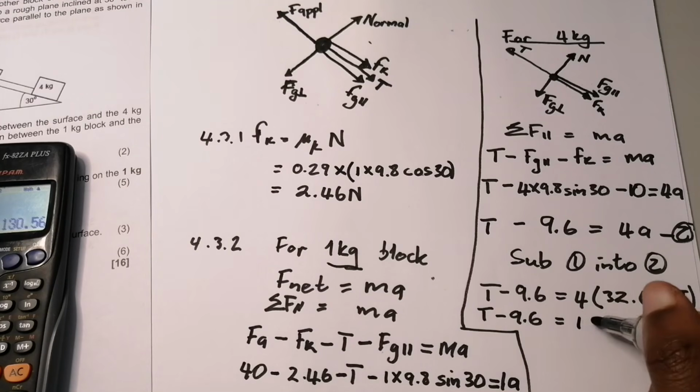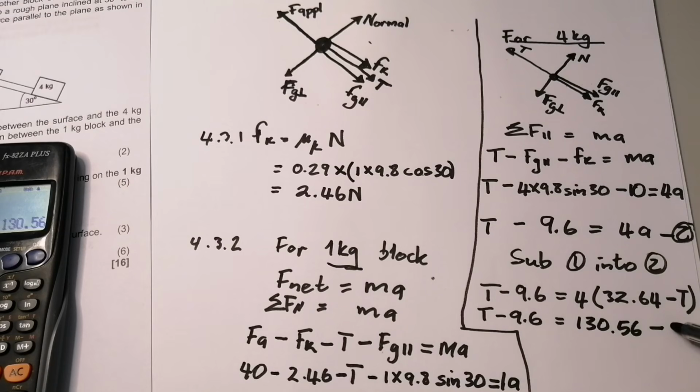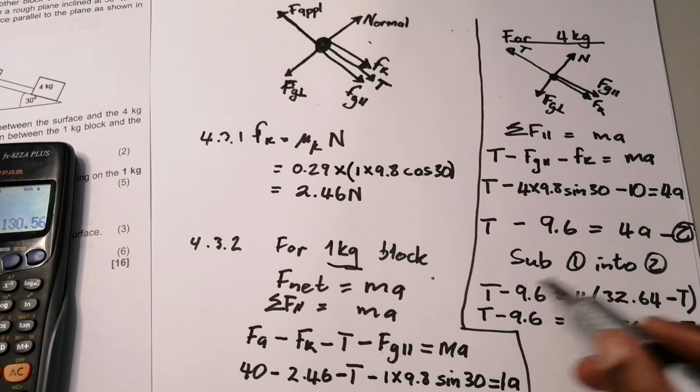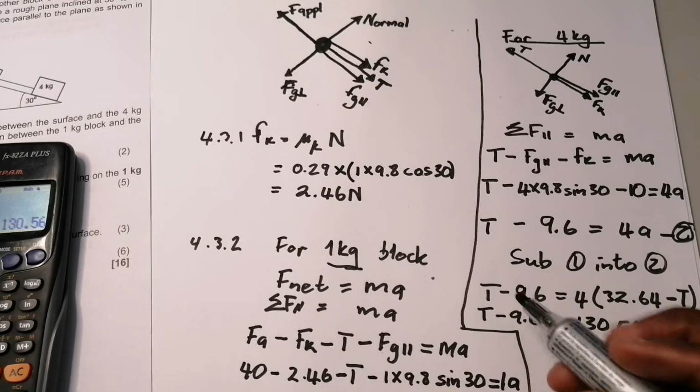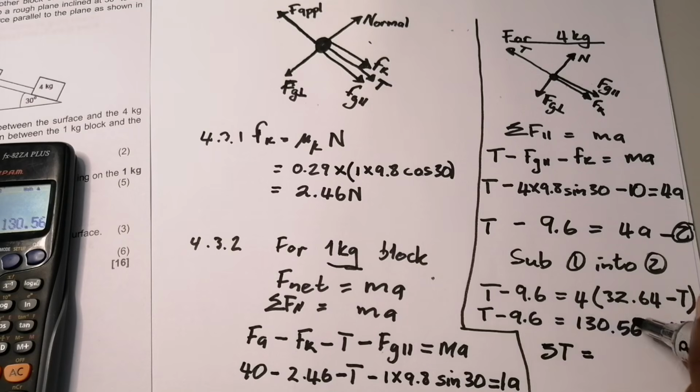I get 130.56 minus, remember it's 4 into this and 4 into T, so minus 4T. Okay, right. So let's group all our like terms. So we've got 4T this side, we take it to the other side, it becomes positive. So T plus 4T will give me 5T.